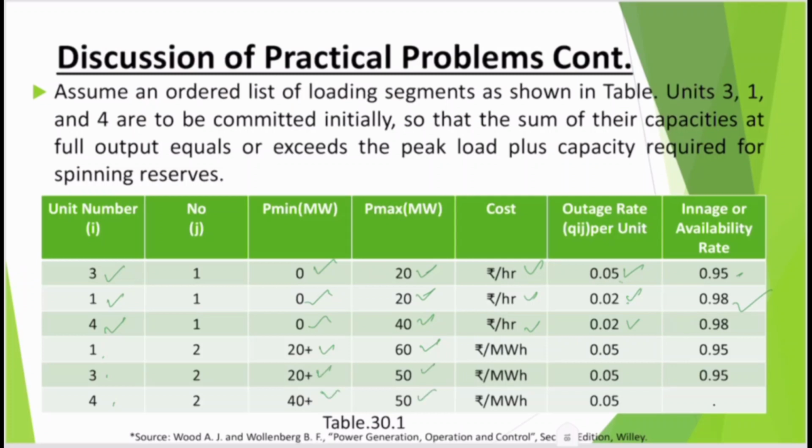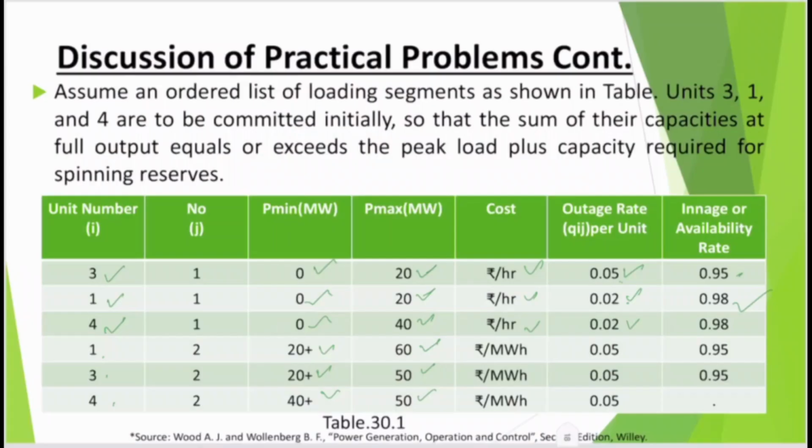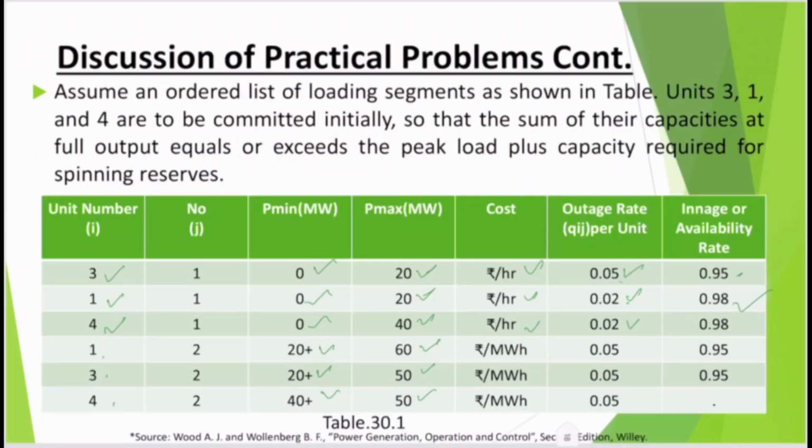Now you may be worried why this P max keeps on changing, because there are two ways of understanding. I can talk about unit number 1, which is minimum of 0, maximum 20, and when I go for two numbers of unit number 1, then the minimum is going to be 20 and the maximum is going to be 60. Similarly, if you go for unit number 3, 2 numbers, then it is 20 to 50, and unit number 4, 2 numbers, it is 40 to 50. So these are the ranges which keep on changing.